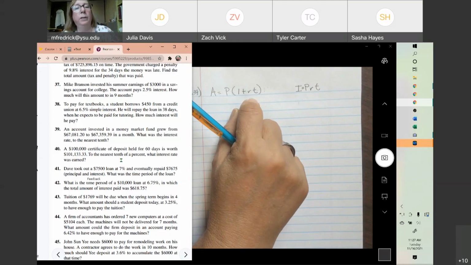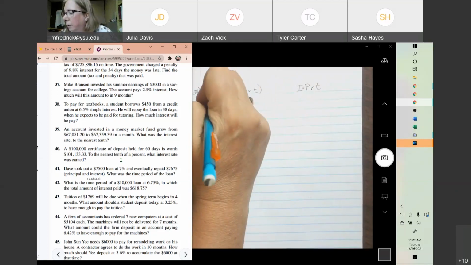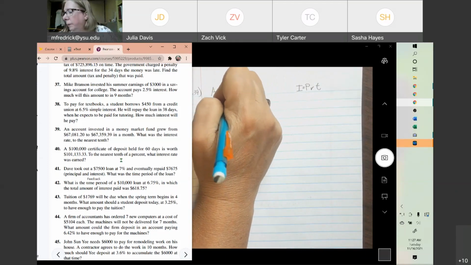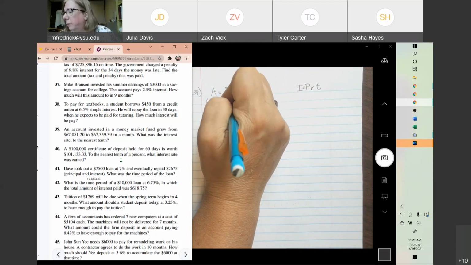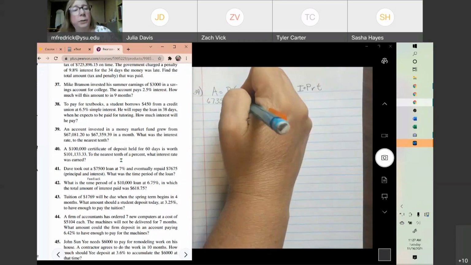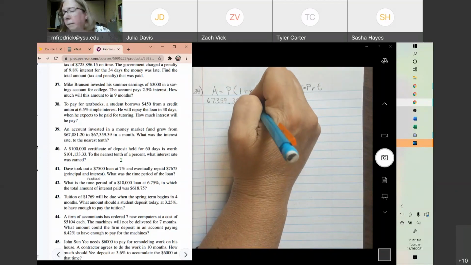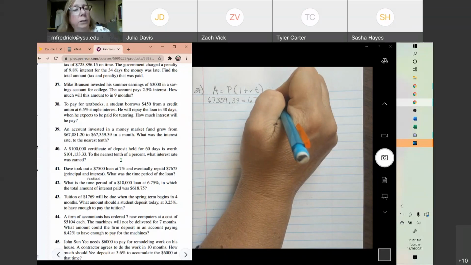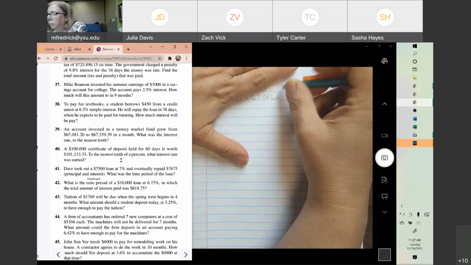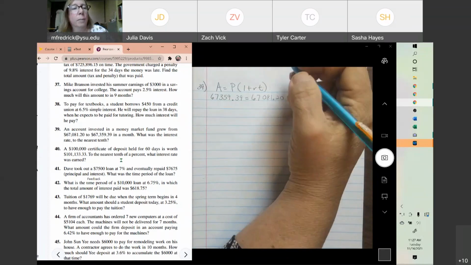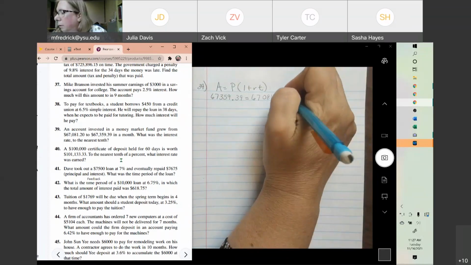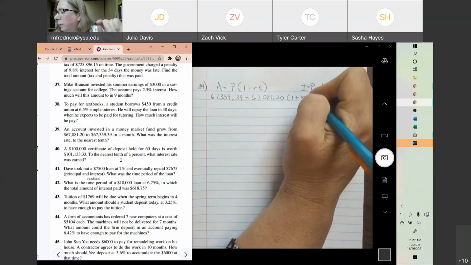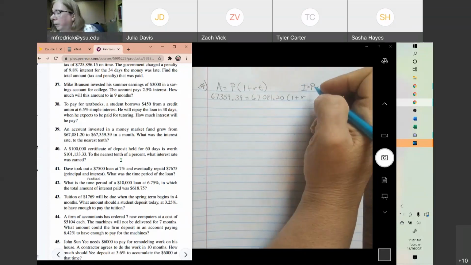So if we use this one, the ending amount is $67,359.39 equals the starting amount 67,081.20 times 1 plus the interest rate's what we're looking for in 1 month.